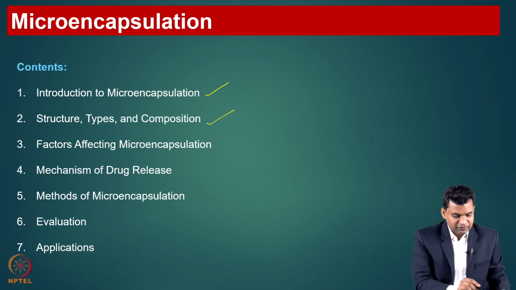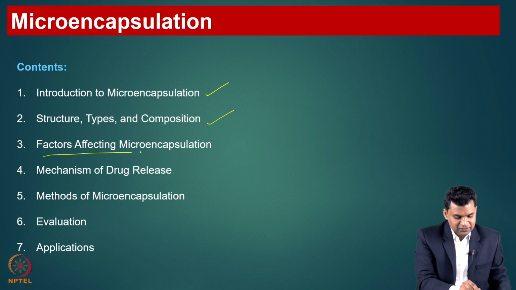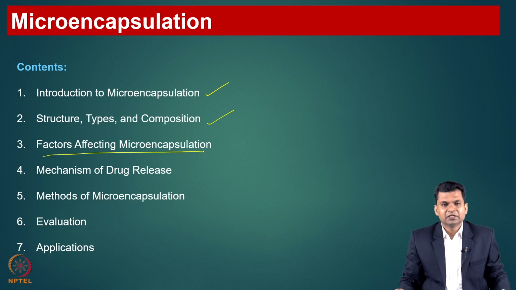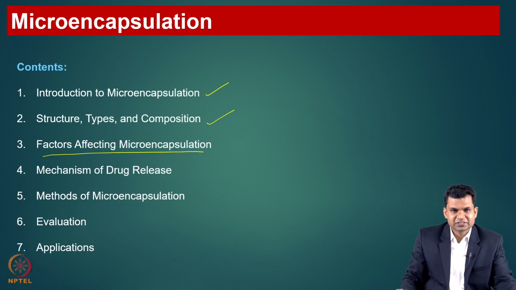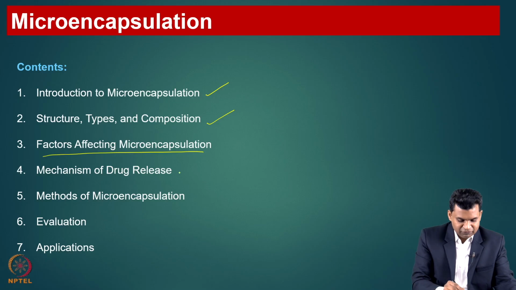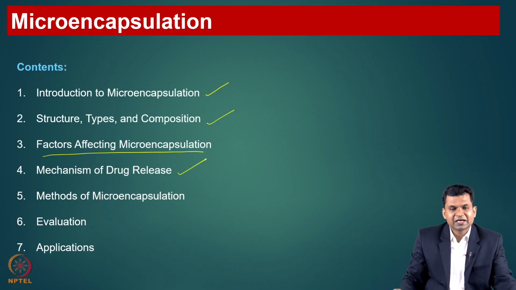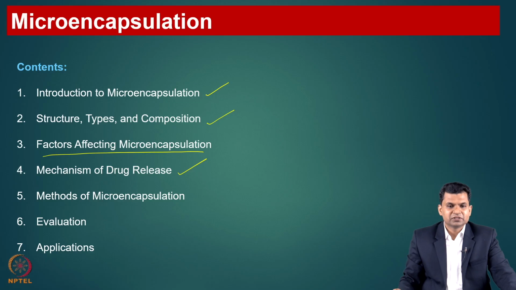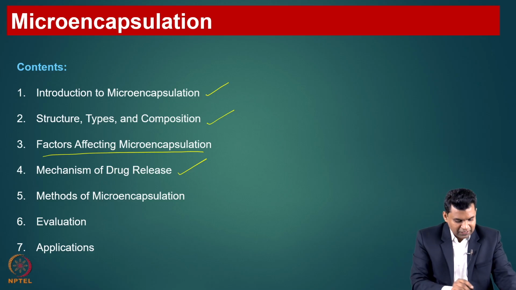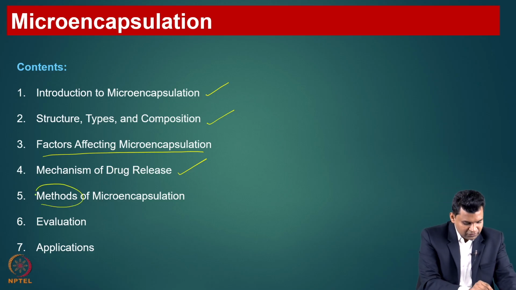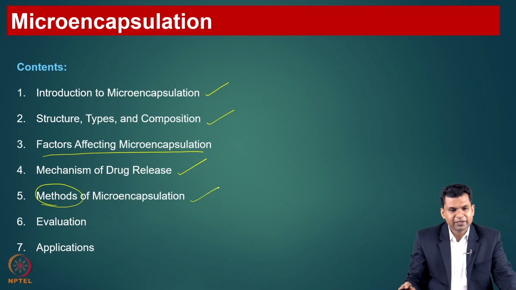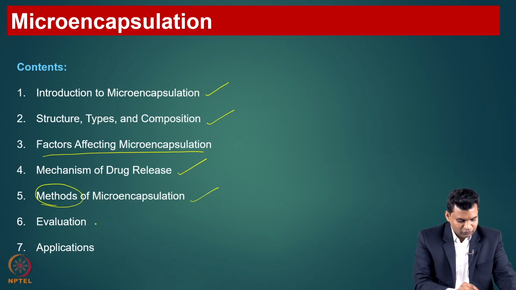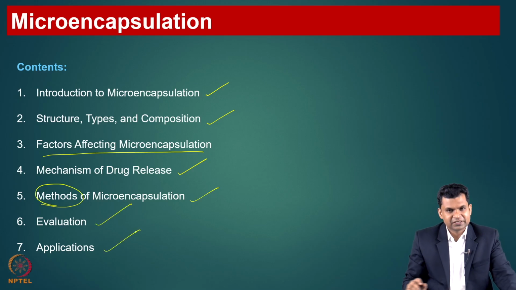Further, we will discuss the factors that affect microencapsulation during synthesis, and then some of the mechanisms involved in drug release from the microcapsules. After that we will focus on the various methods of microencapsulation, then evaluation and the applications.